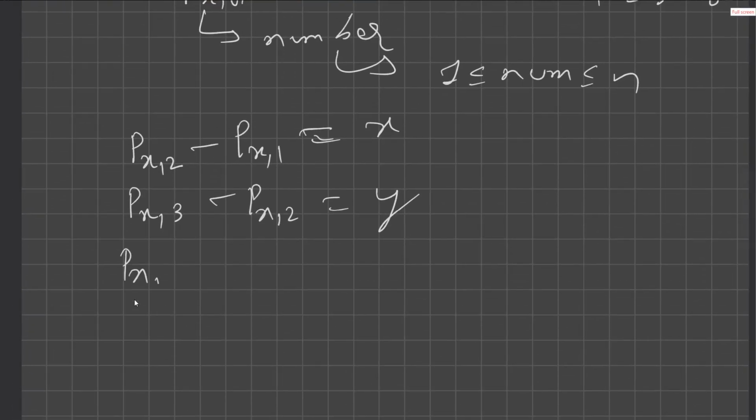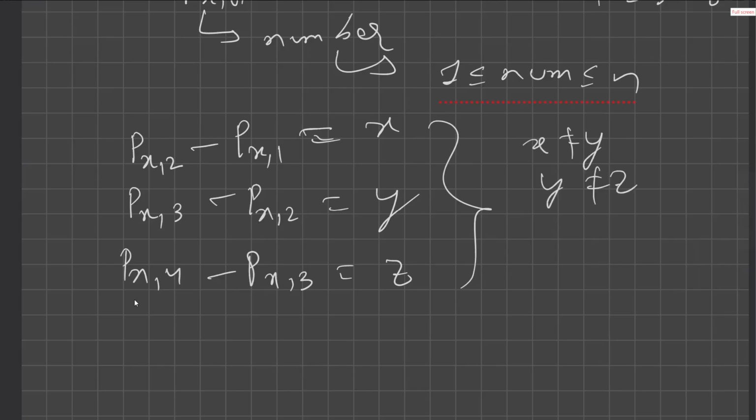Similarly, the fourth occurrence minus the third occurrence gives z. So all three have to be pairwise distinct, in the sense x is not equal to y, y is not equal to z, z is not equal to x. All three have to be pairwise distinct.